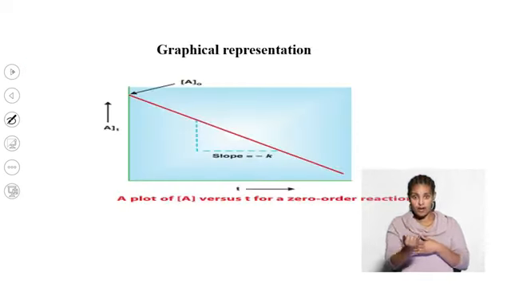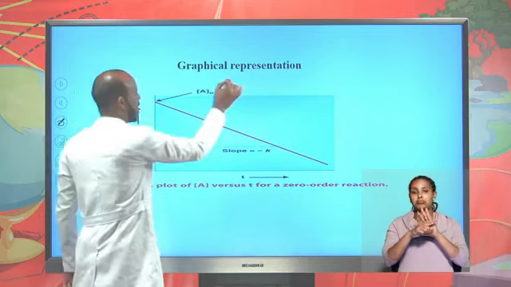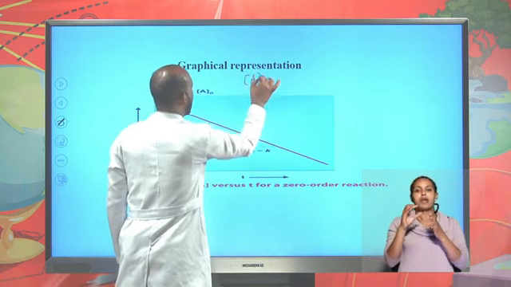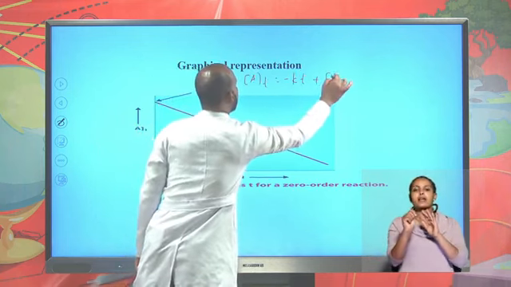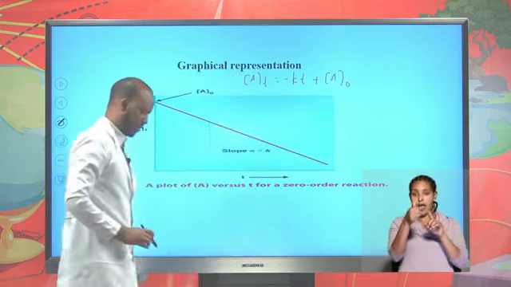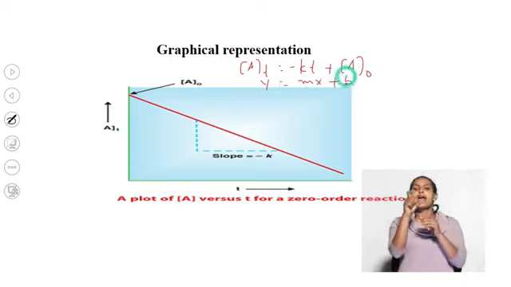Graphically, we can represent a zero order reaction. The integrated rate equation for a zero order reaction is: concentration of A at any time t equals minus kt plus initial concentration A naught. This is similar to the equation of a straight line, y equals mx plus b.